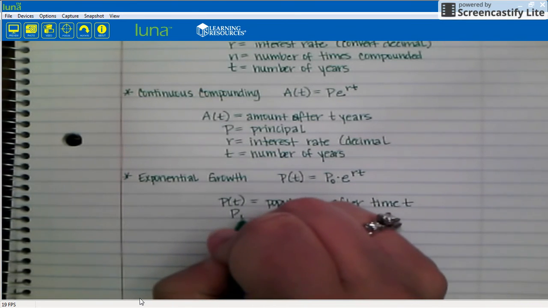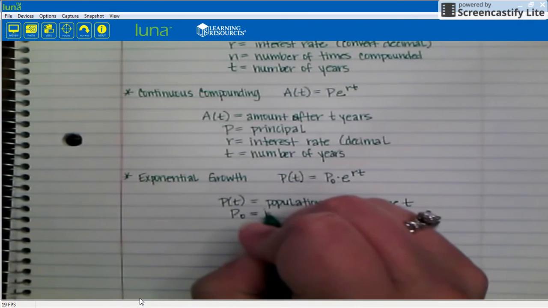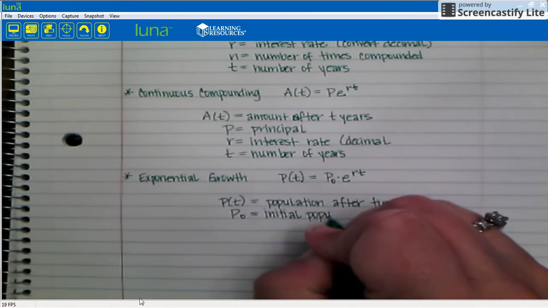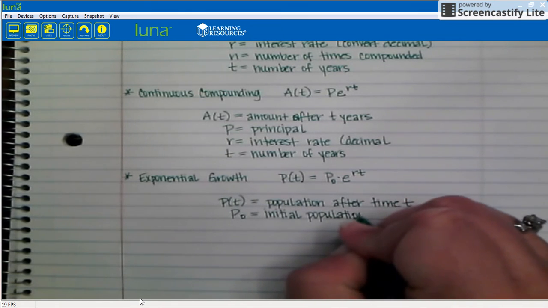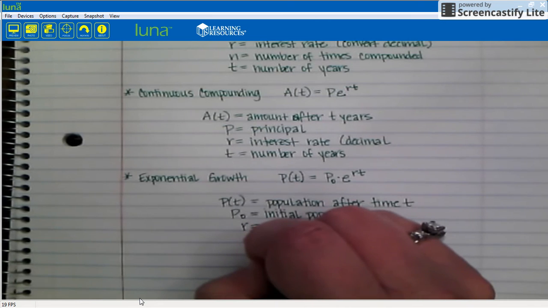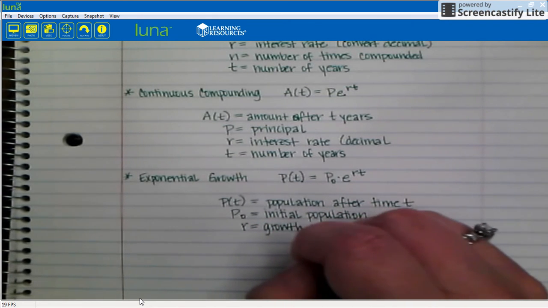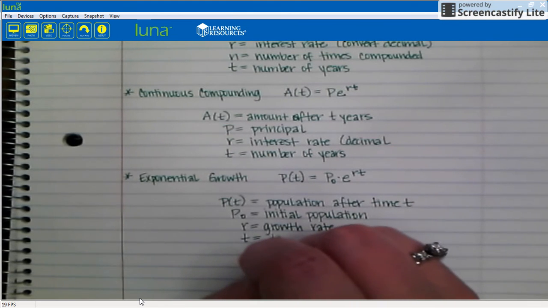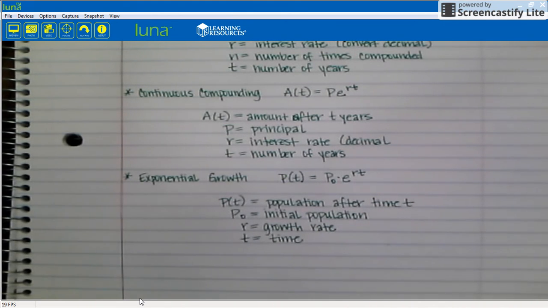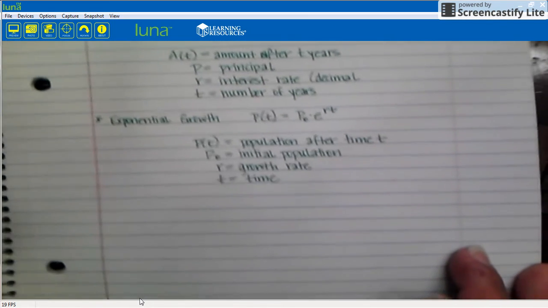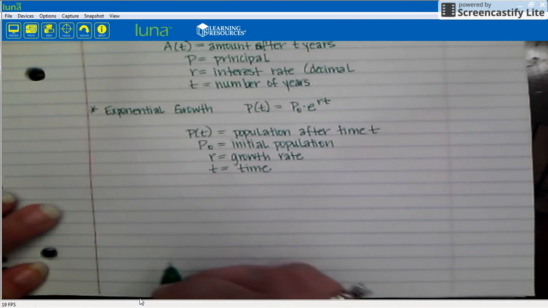Our P naught is our initial population. r is our growth rate, again as a decimal, and t is the amount of time. And then if you have exponential growth, then of course you have exponential decay.